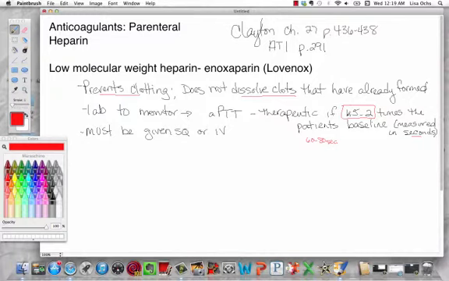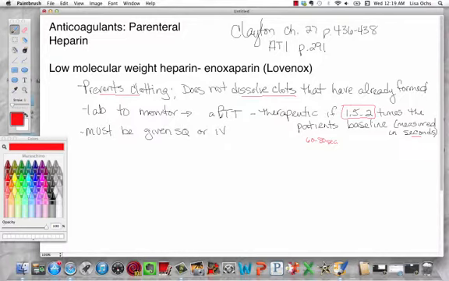What you need to figure out is if it's 1.5 to 2 times the patient's baseline. If it is, then it's therapeutic and it's good. If it's more than 2 times the patient's baseline, then the person's at risk for heparin toxicity. And we'll talk about the dangers of heparin toxicity here in just a minute.